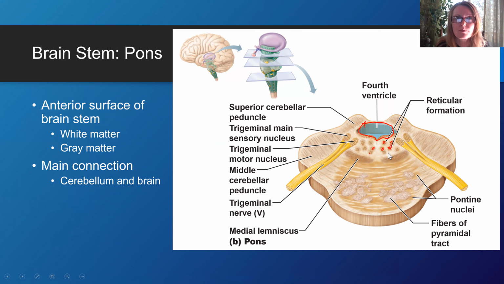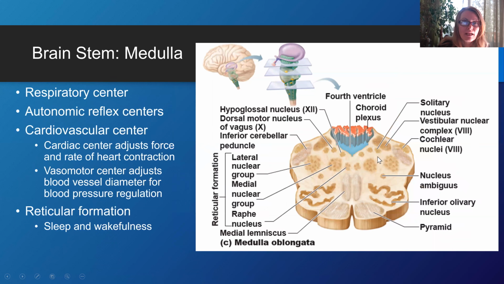So actually the brainstem carries such fundamental functions that damage to the brainstem can be very devastating. Right, and we can see the trigeminal nerve has its nucleus within the pons, right? So that is the connection of trigeminal nerve number 5 to the pons.